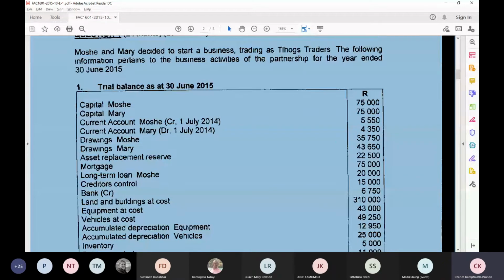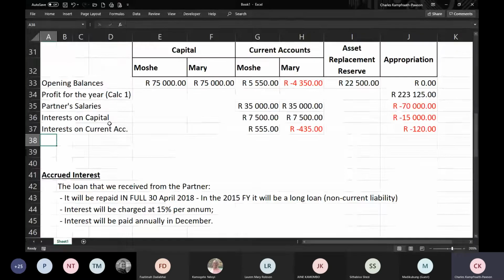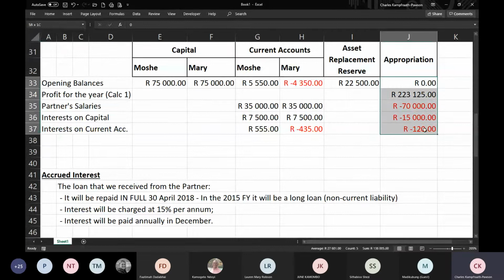So that's already an indication, if you look at the capital, that they share everything 50-50, because their contribution to the business was equal. We can safely assume that the balance of that column must be equally divided between the two partners into their current account.